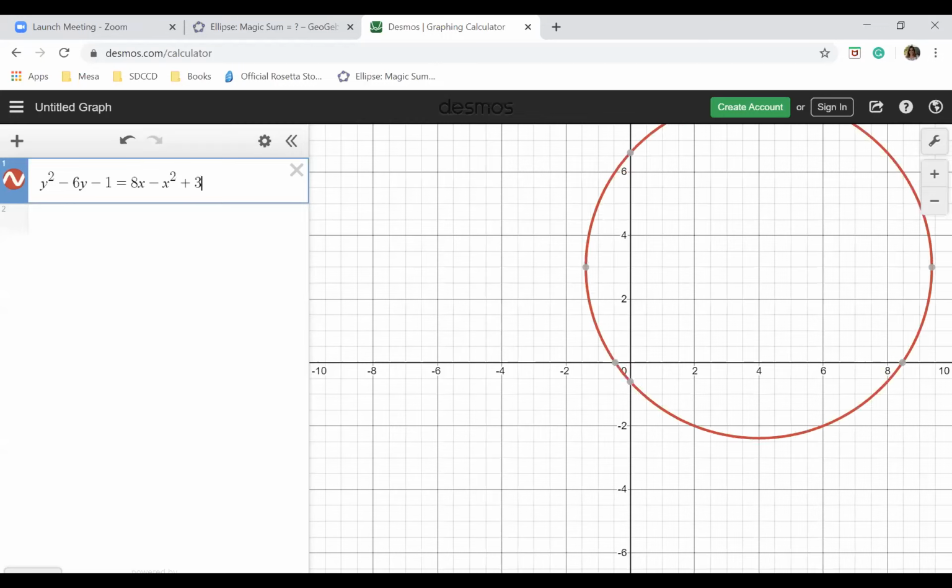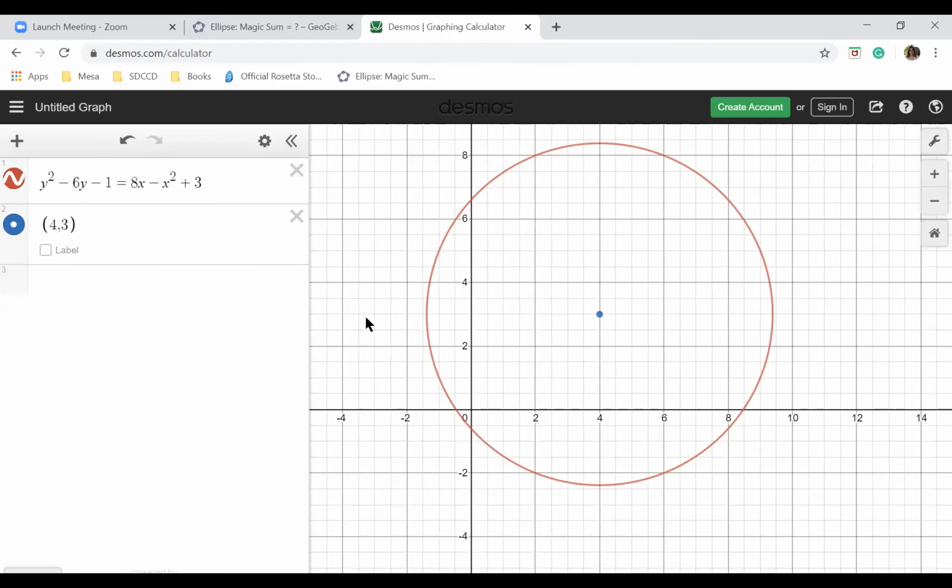And there we can see the center is at the point 4, I think we said it was 4, comma 3, right? I can see that the center is there. And that we've got that radius is approximately 5, a little bit more than 5.